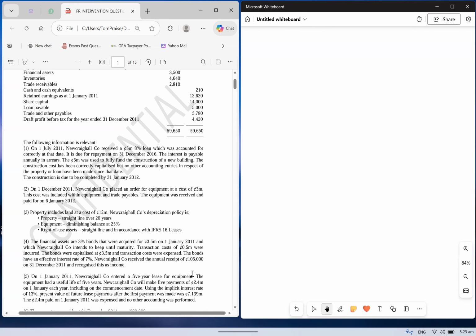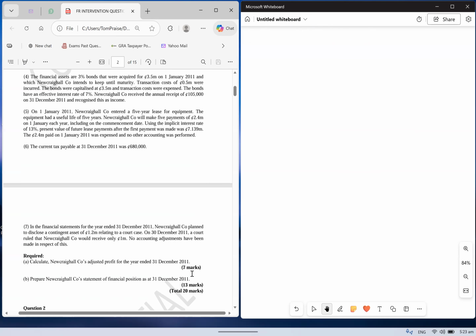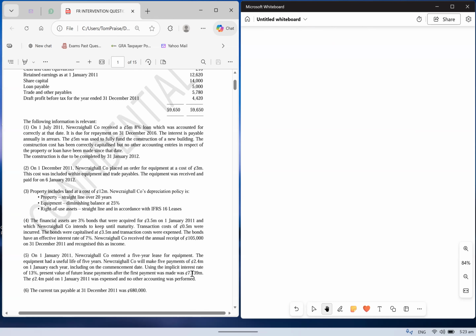So it says that the following information is relevant. On July 2011, don't forget your year ends on 31st December 2011, which means anything in July means half year. From July 2011, New Craig Hall received a 5 million cedis, 6% loan note, which was accounted for correctly at that date.